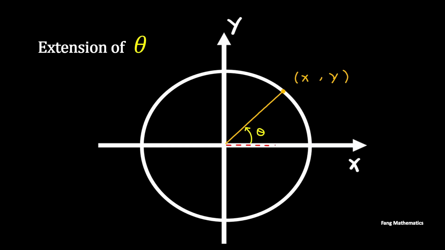This is your horizontal movement, and if you refer to the red dashed line here, its length should be x. And we get the vertical direction, and the length of this blue dashed line should be y, because it is the movement along the y-axis direction. The hypotenuse in our right angle triangle is the distance from the center to the circumference, that is the radius. Radius in a unit circle should be 1.